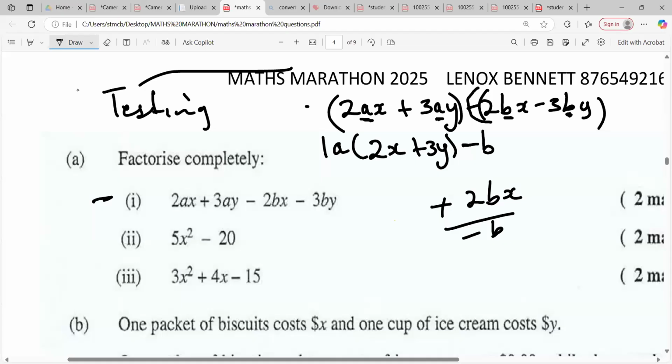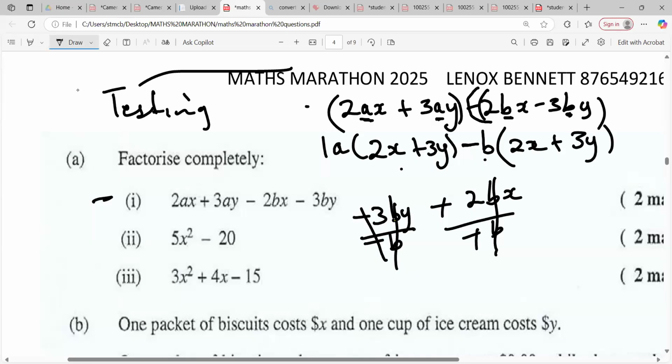So see it? Negative cancels the negative, right? B cancels b. So now you have 2x, just like here. And now we have minus 3by divided by minus b again, which is what we are dividing by, right? So negative cancels negative, bam. You can start to see the answer. You must get the same sign in both brackets.